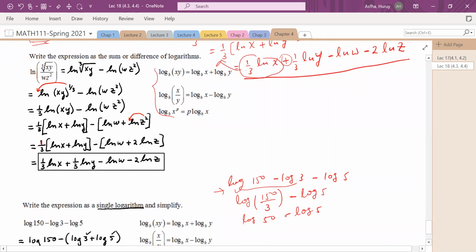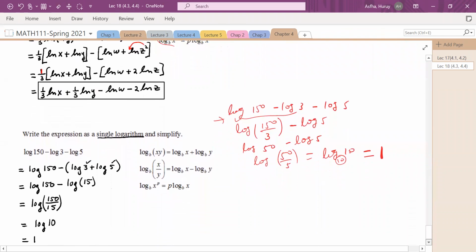And again, we have a difference, so I will use again the quotient property, and that is just 50 over 5. And again, simplify inside the parentheses, that is log 10. And what is log 10 now? What base do we have right here that we don't write? That's 10. And the base and the argument are the same. Therefore, this is 1.